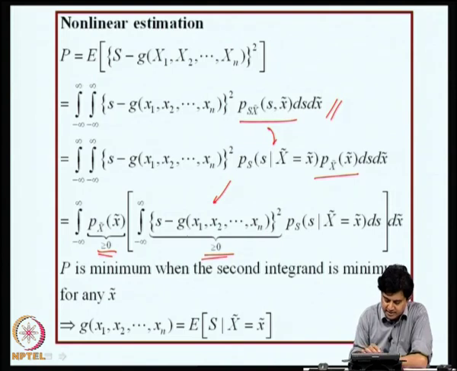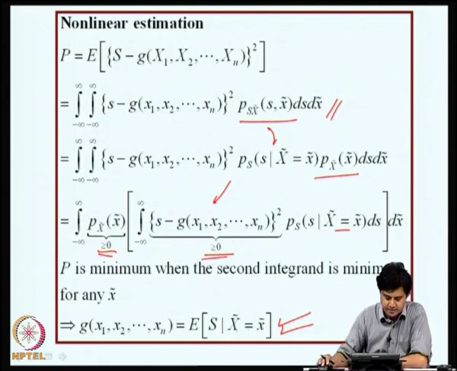Therefore, the way to select g is to minimize this inner integral, and based on that we again get this result that this nonlinear estimation also tells us that g should be the expected value of S conditioned on x tilde equal to lowercase x tilde.